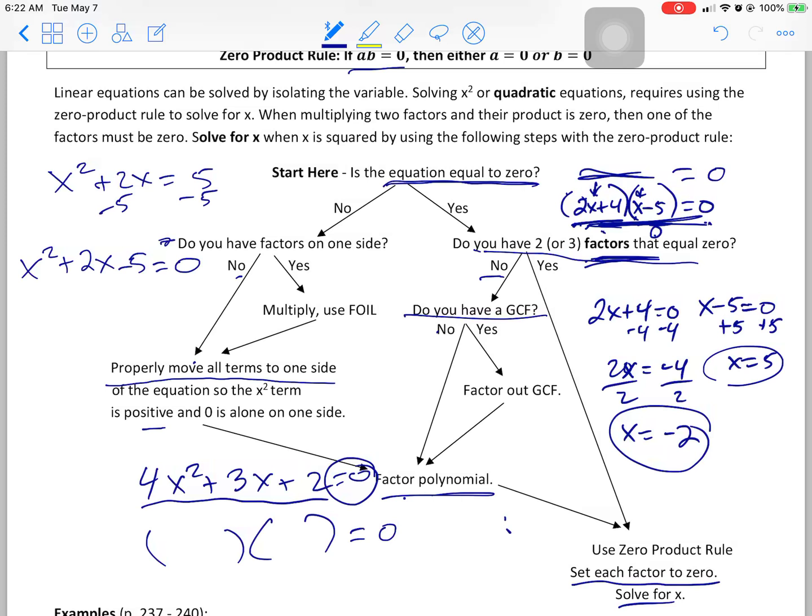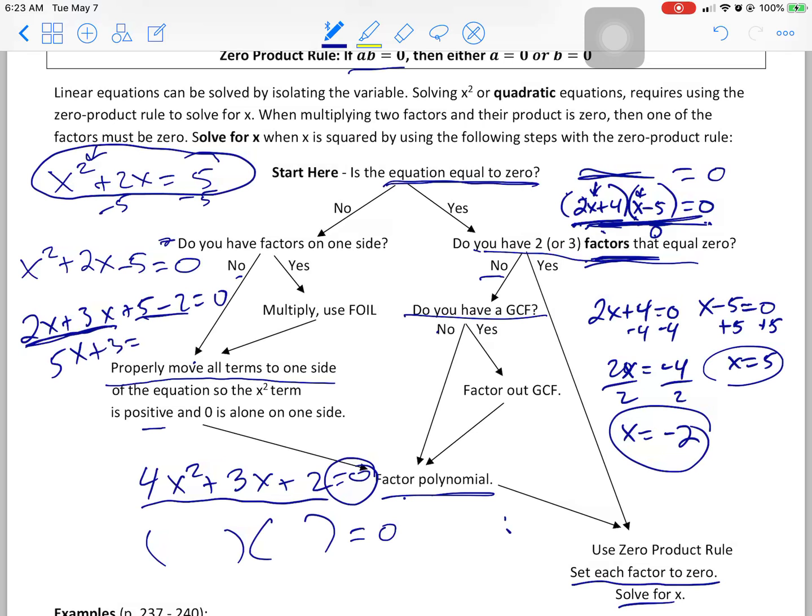So it's very important that you have 0 on one side when you're factoring. When you have a problem that looks like this and has an x squared, you handle them differently than if you have a problem with just an x. If you have like 2x plus 3x plus 5 minus 2 equals 0, the first step is to combine like terms, and you're going to get 5x plus 3 equals 0.